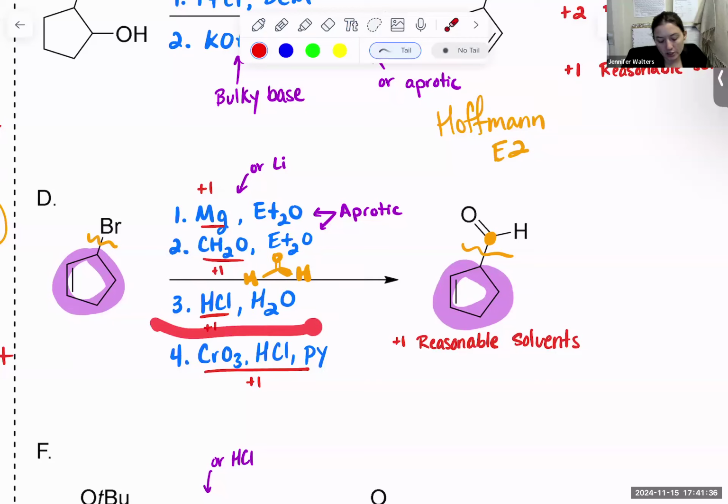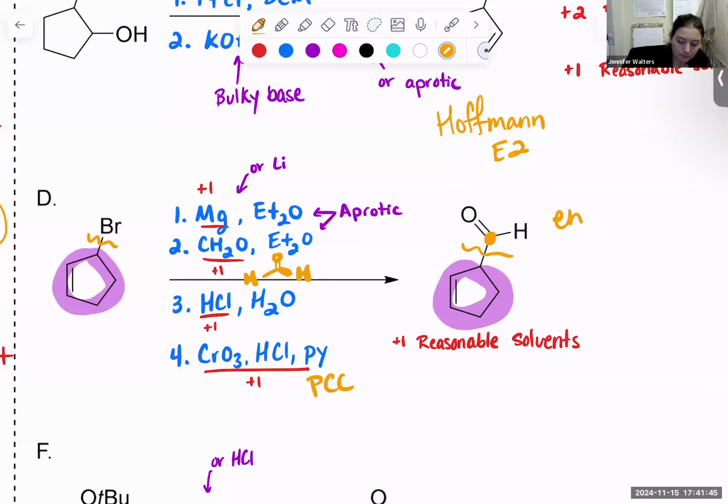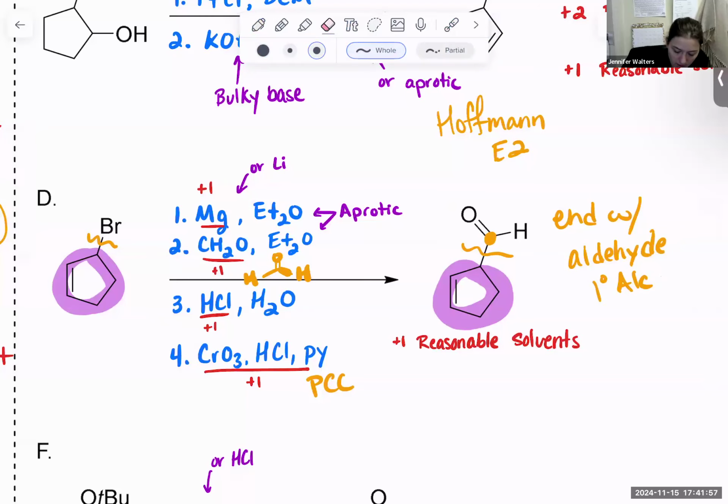Then after a Grignard, you need to do an acid workup. And because I have to end with an aldehyde, ending with an aldehyde told me I needed PCC. Read it this way. That primary alcohol to aldehyde was PCC.